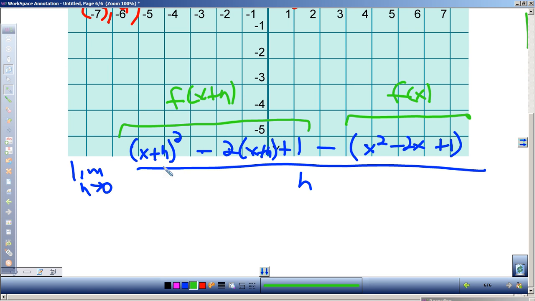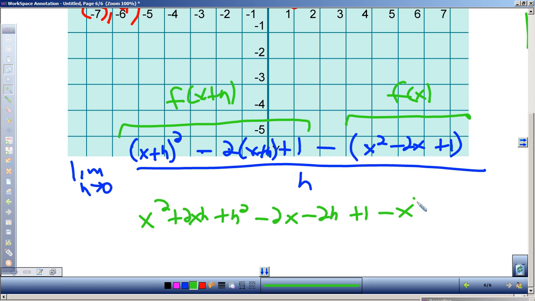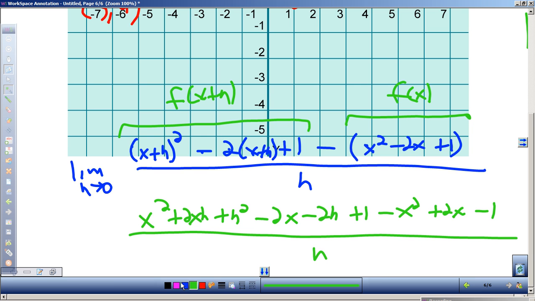So, again, you have to work with your algebra skills. (x plus h) squared is x squared plus 2xh plus h squared, minus 2x minus 2h plus 1, minus x squared plus 2x minus 1. So what stuff cancels out? Okay, so x squared is going away.